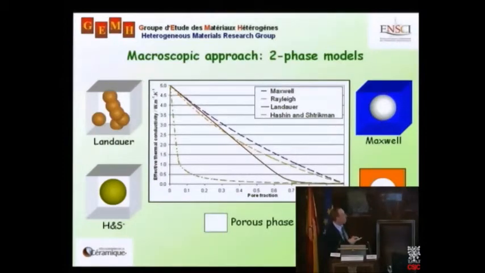Okay? It's a two-phase problem, but we're going to take the case of a spherical pore here. So this describes rather nicely closed porosity, small amounts of closed porosity. So, a decrease of thermal conductivity as we increase the pore fraction.